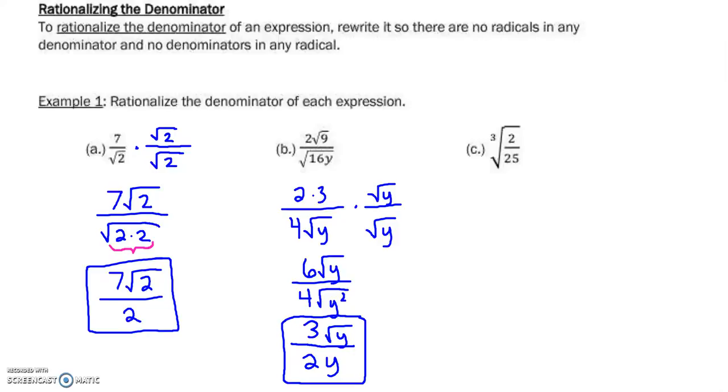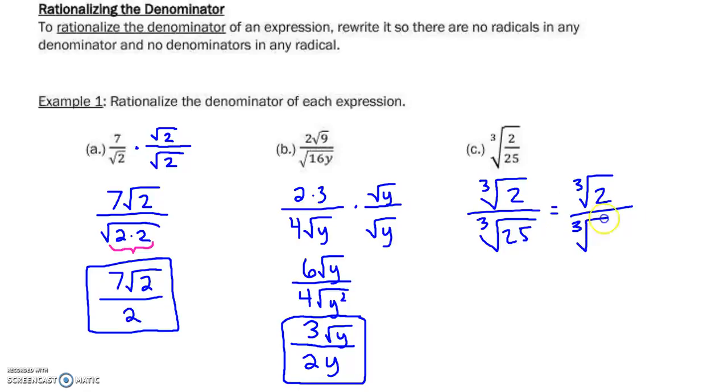All right, last one, third root of 2 over 25. So I can rewrite this as the third root of 2 over the third root of 25. Now we recognize that the third root of 25 is 5 times 5.